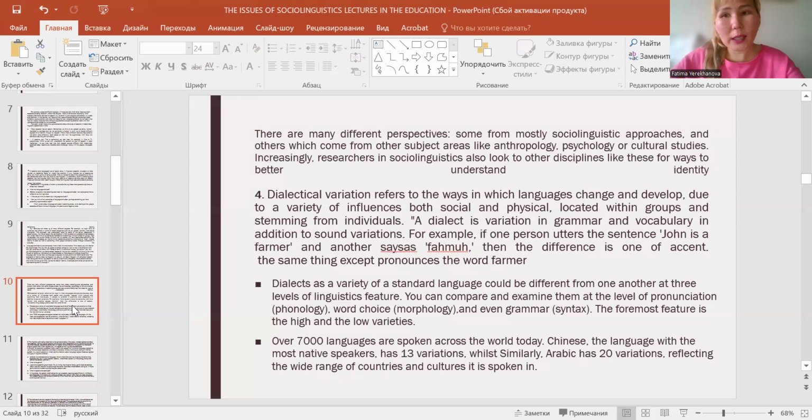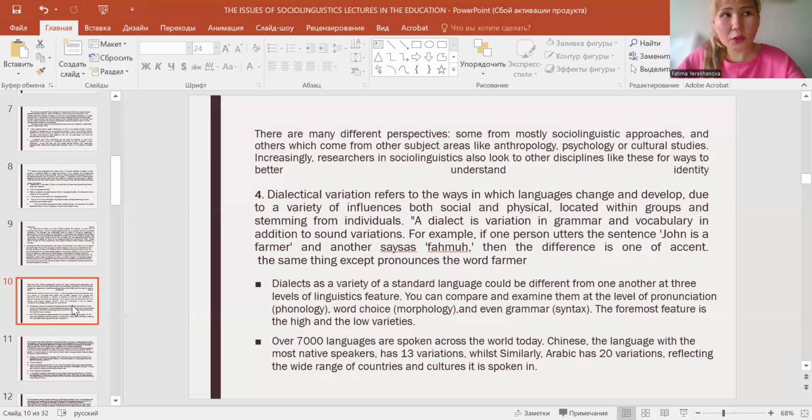Here we need to point out that a dialect is a variation in grammar and vocabulary in addition to sound variations. For example, if one person utters the sentence, John is a farmer, and another says it with a different pronunciation of farmer, this is again sound variation.